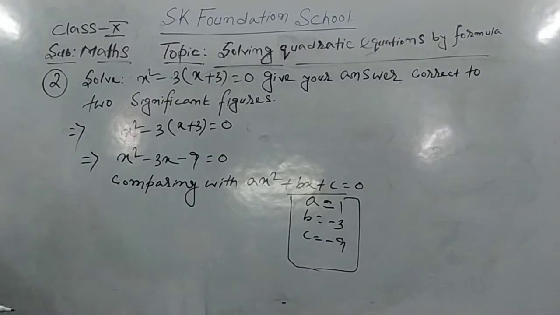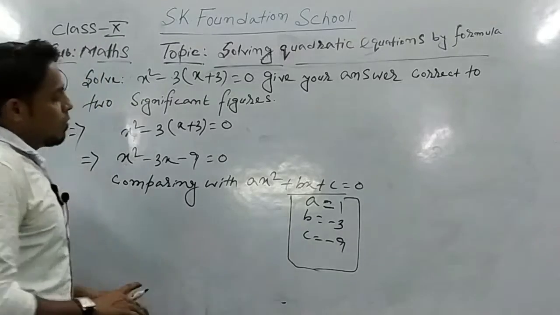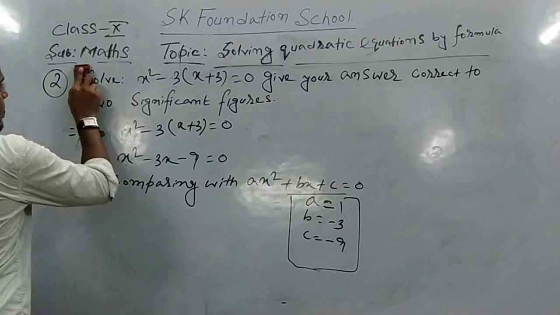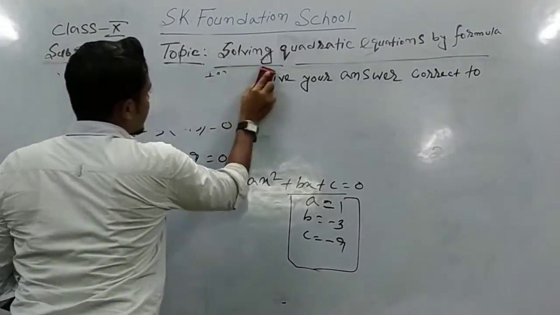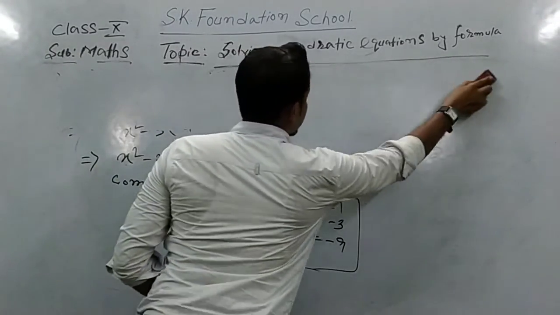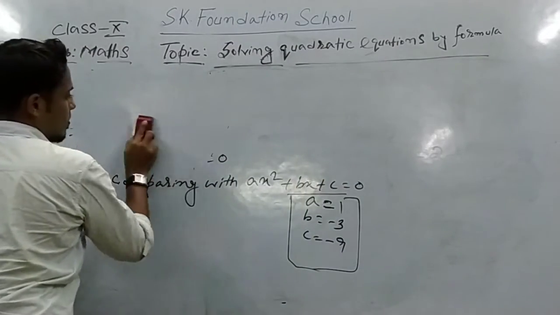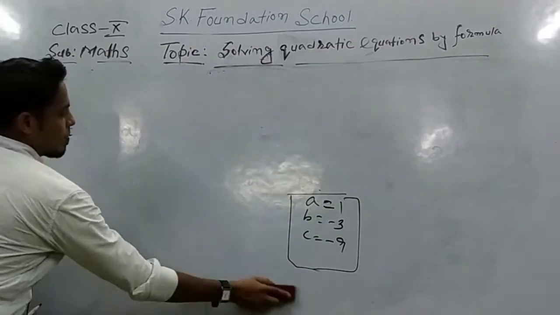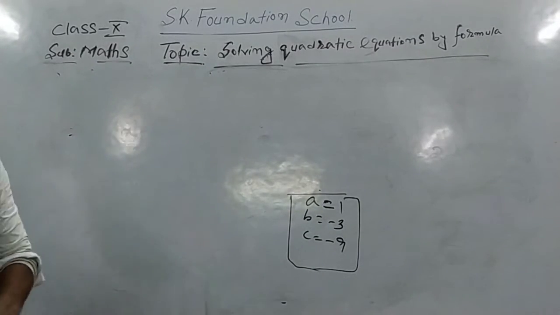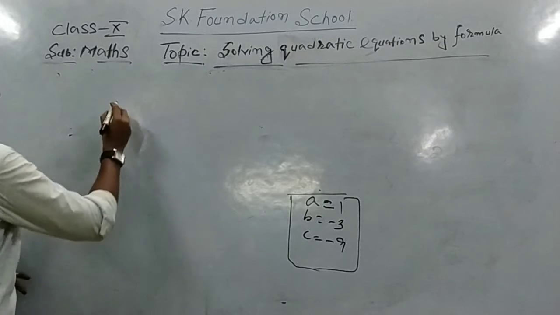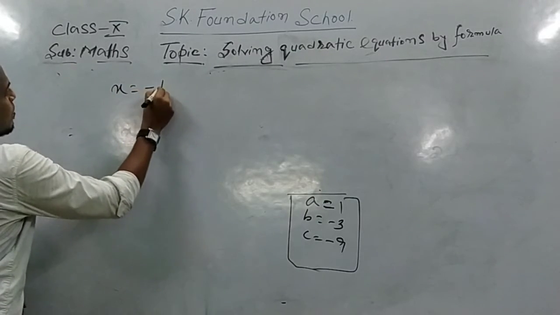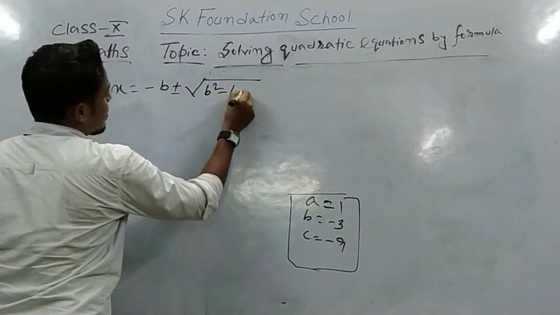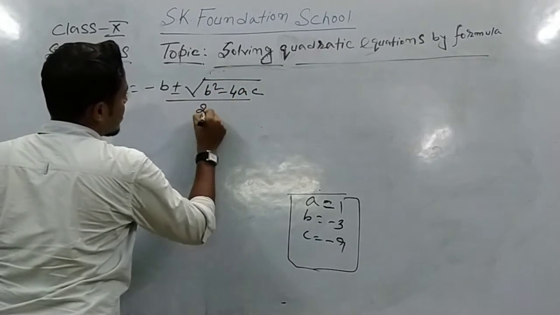Now we are going to find the value of x. Our formula is x equals minus b plus minus root over b square minus 4ac by 2a.